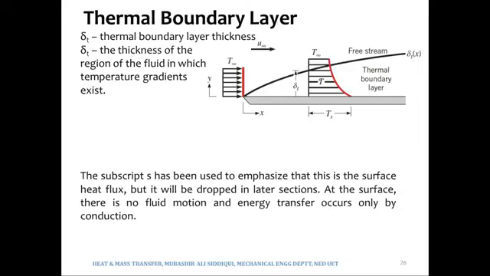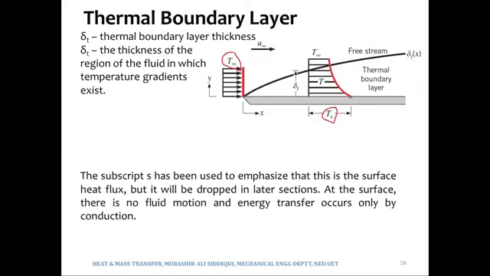Now the thermal boundary layer. I think we have discussed it, right? So there is no point in discussing it again. The fluid is moving with a free stream temperature of T infinity, right? And there would be a Ts, and you can guess whether Ts is greater than T infinity or not by looking at the temperature profile, right?